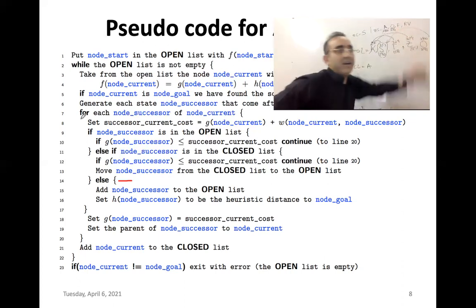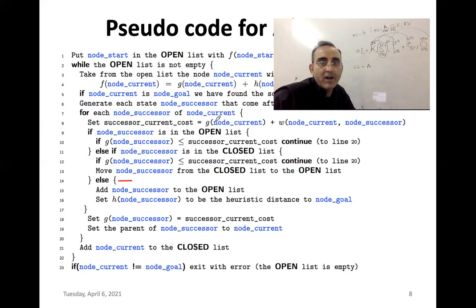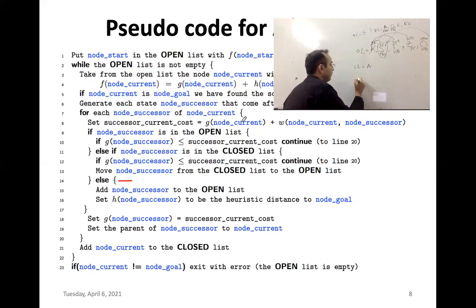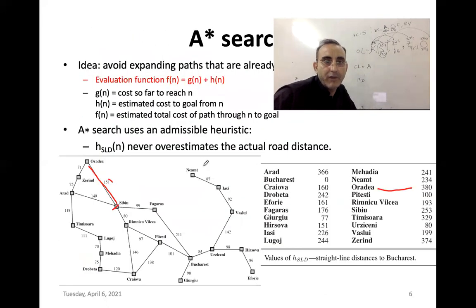The next successor is Fagaras. Actual cost of the current node. The current node is Sibiu. The actual cost is 140, so 140 plus the weight from Sibiu to Fagaras. The weight from Sibiu to Fagaras is 99.